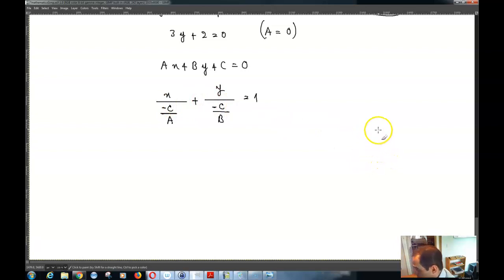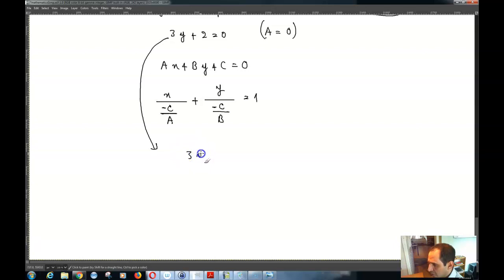But let's try to write this equation in some other form. Let's see what we get. Over here, you would get a horizontal line. You would have a y-intercept, but no x-intercept.